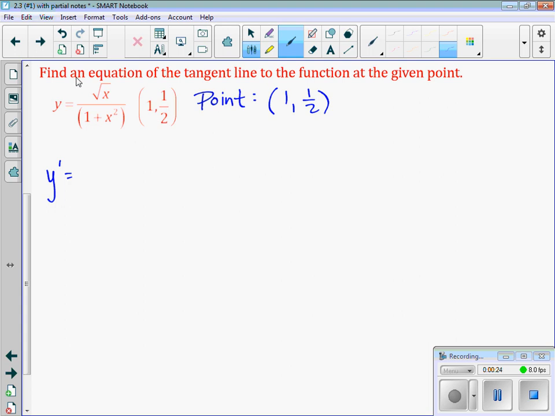So how do I take the derivative of something that looks like this? Yep, you got to do that quotient rule, right? That low d high minus high d low. So low is this part. This is the same as x to the half. So if this is x to the half, how do I take the derivative?